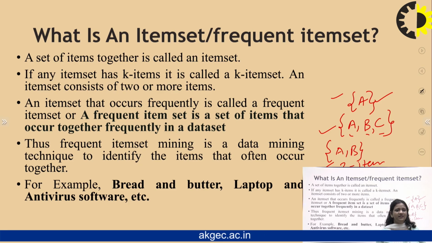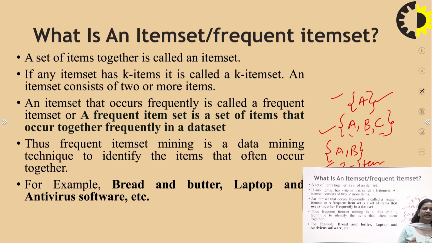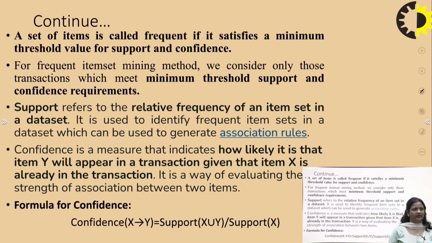And another one is when we are purchasing a laptop, then we also purchase an antivirus, and a charger is also included, and a webcam or a headphone and other accessories with the laptop. So these are the frequent items that are frequently used together. So our task in the Apriori algorithm is to find these frequent item sets.